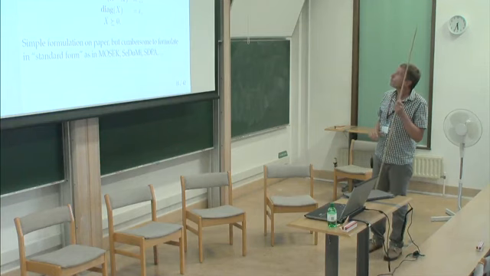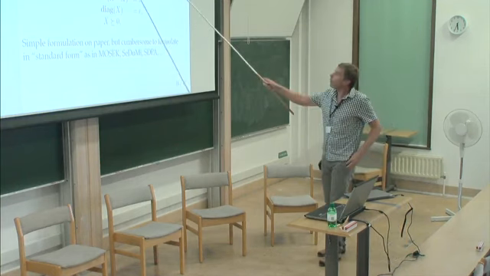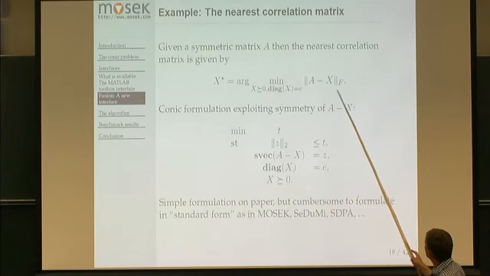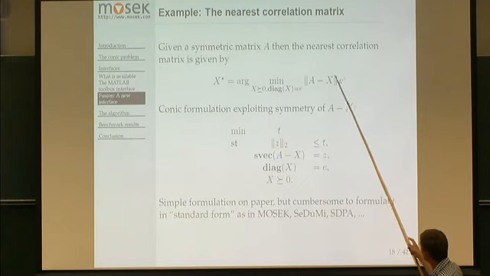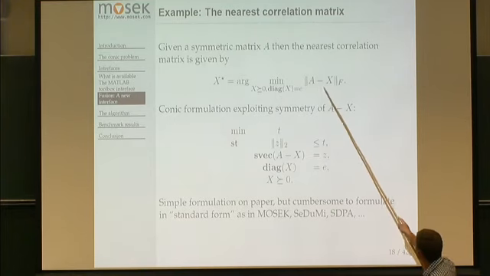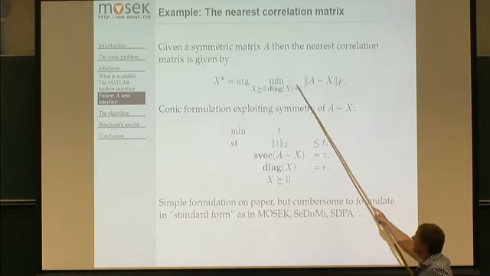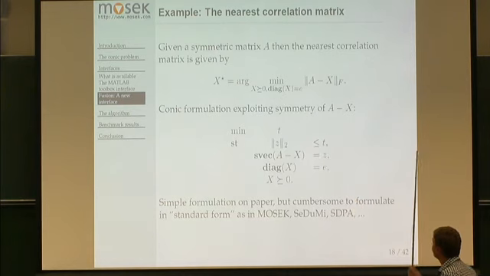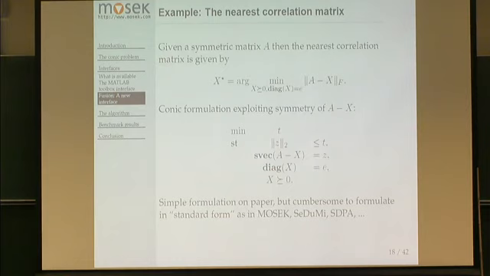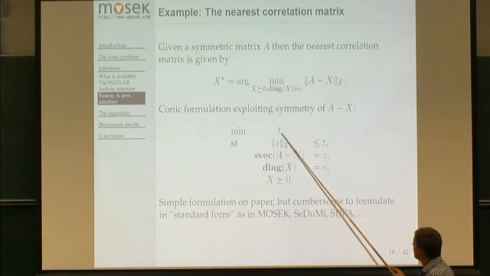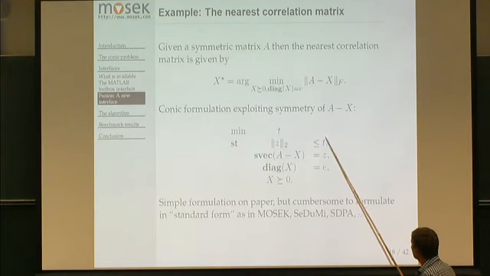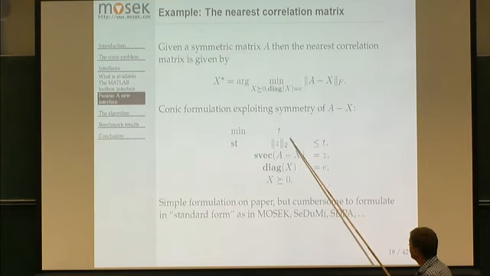Okay, so what we do is that we minimize the Frobenius norm of our positive semi-definite variable minus the fixed matrix, and then we have some kind of normalization there. And we can give that a conic formulation by introducing an additional scalar variable t, and then we say t is greater than or equal to the 2 norm of this.